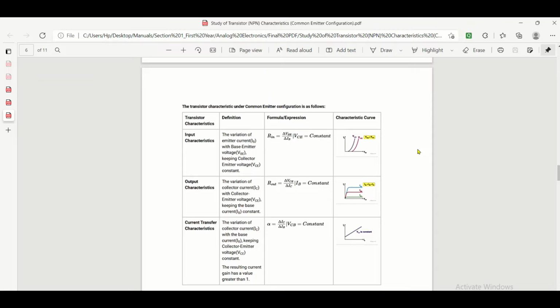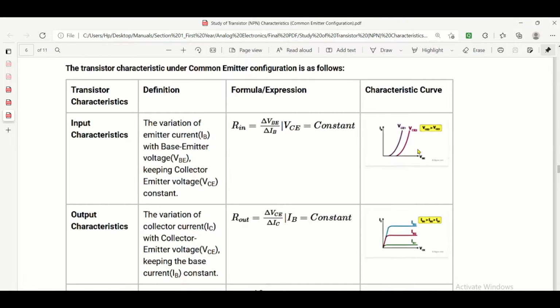Okay, now you see here, we will be studying input and output characteristics. While studying the input characteristic, we have to keep the collector to emitter voltage, that is VCE, constant, while we change the base potential, that is VBB, and observe the values of emitter current and base emitter voltage.